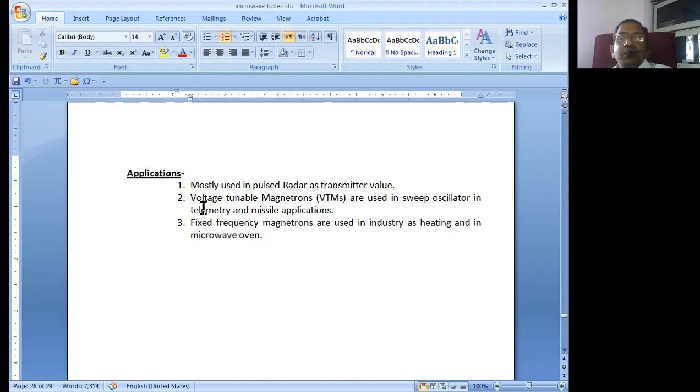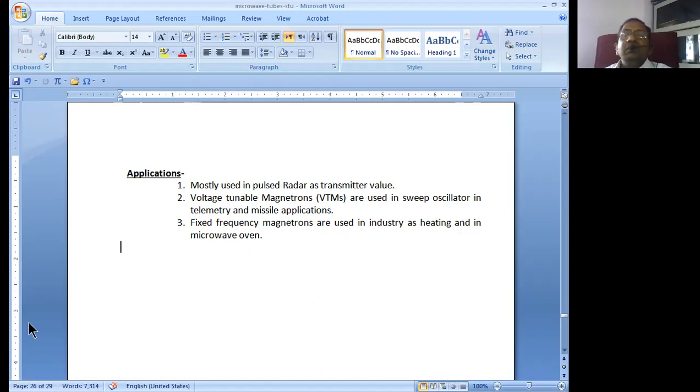Voltage tunable magnetrons are used in sweep oscillators in telemetry and missile applications. It is normally used in radar as a transmitter. In pulsed radar circuits, we normally use the magnetron to generate the pulses, to transmit the pulses from a radar to the targeted object. We normally use these microwave oscillators.